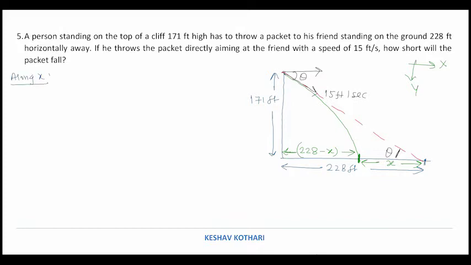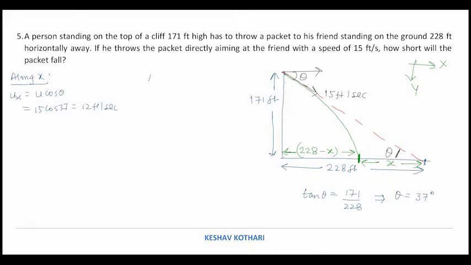The first thing that we do is we try to measure this angle. By writing tan theta equal to 171 upon 228, we obtain theta as 37 degree. Once we have the value of theta equal to 37 degree, I can write that the initial velocity along x-axis is equal to u cos theta, that is 15 cos 37 degree, and we get a value equal to 12 feet per second.